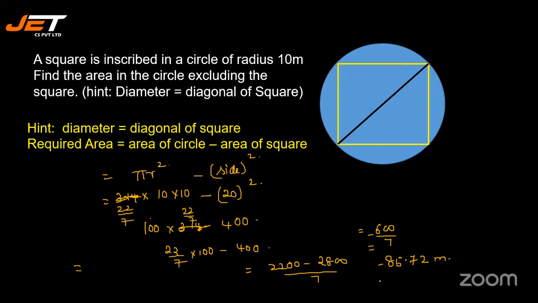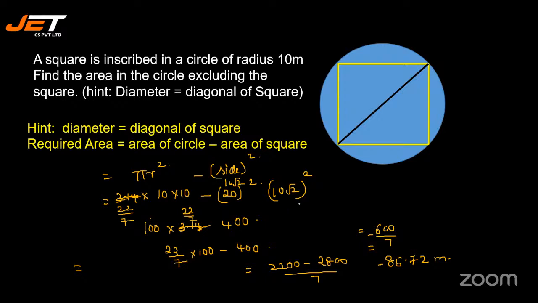What is the side? Side of the square is 10 root 2. Is it? Sorry, no. Because 10 root 2. Okay. So let's take it as 10 root 2. So 10 root 2 the whole square. Okay.